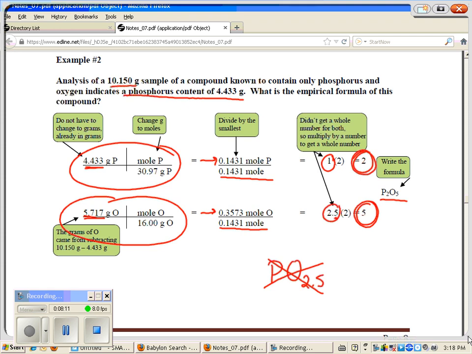What I want to do now is stop and give you a problem, and I want you to stop the recording, stop the video, and try it on your own, and then I'm going to do an example for you on the video. So if you will take the time to go to the next problem, let me show you an example.